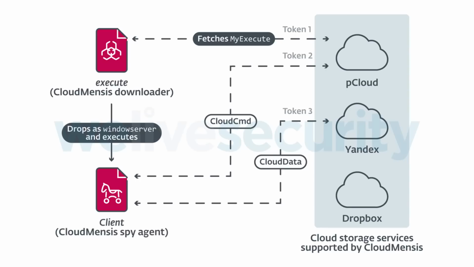And upon doing this, it also downloads the second stage payload called Client from one of many different cloud storage providers. But unlike a lot of other malware that we've looked at in the past, this one does not use a publicly accessible link to serve the second stage payload.